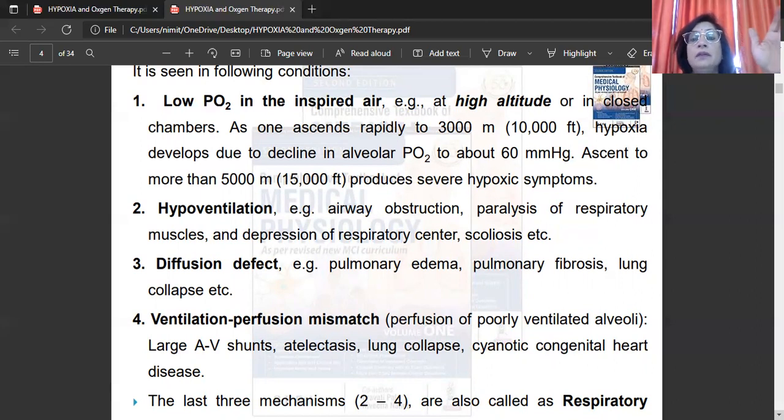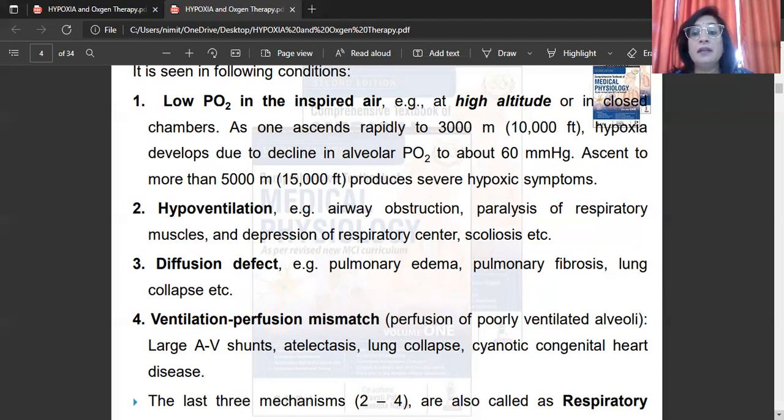So what we have studied in this point is that if one ascends rapidly, see, we are using the word rapidly, it is very important. Because with slow ascent, adaptation will happen and hypoxia will not occur. But if the person ascends rapidly to around 3,000 meters, then hypoxia develops due to the decline in the alveolar PO2.